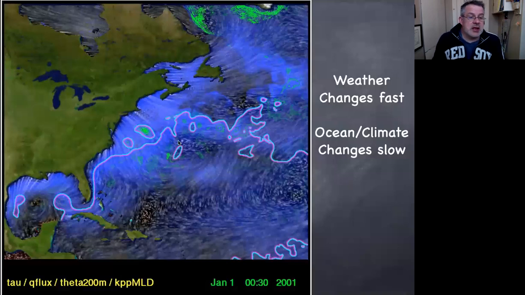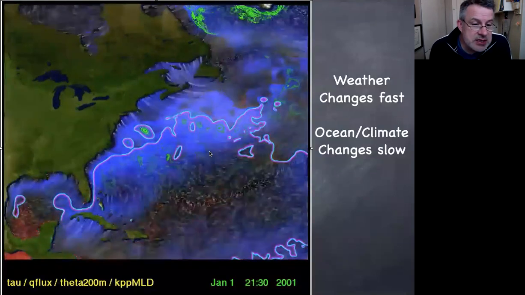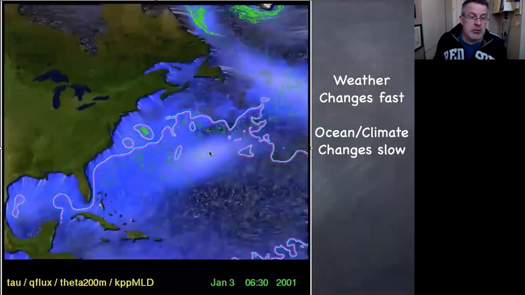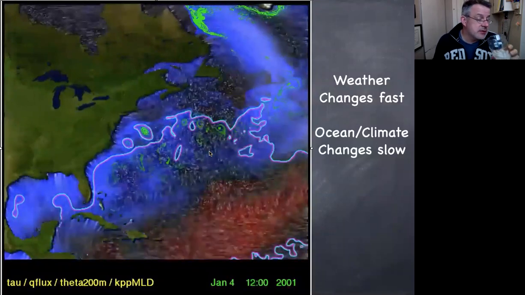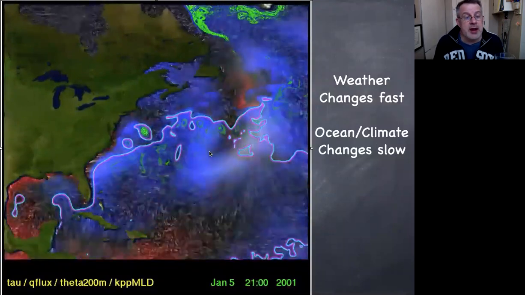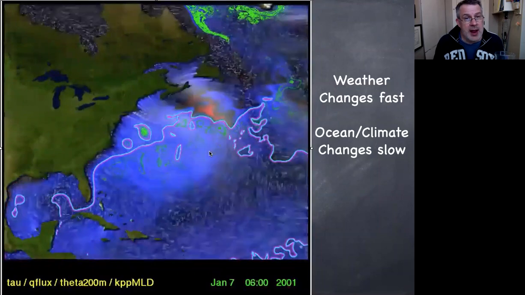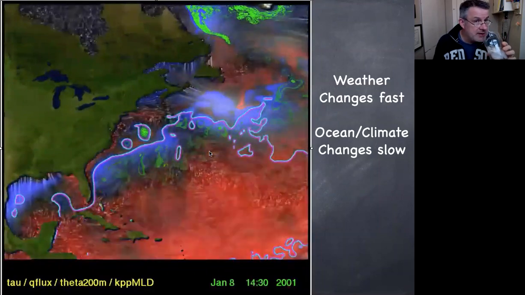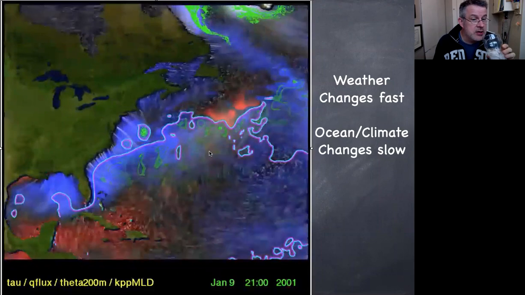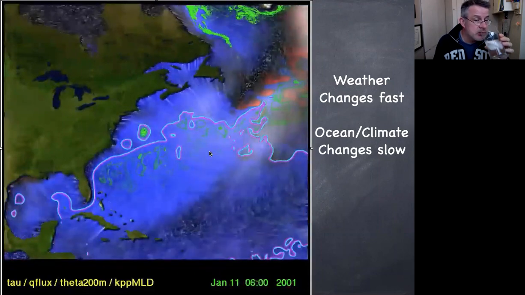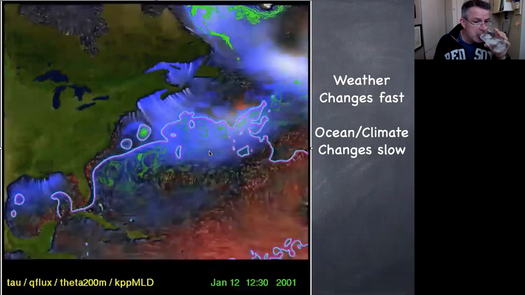And one of the things that's going to be of interest to us is this time scale difference between the time scales of the atmosphere and the time scale of the ocean. This has a lot to do with how rapidly the temperature and then the density responds to the amount of heat being exchanged, or amount of energy being exchanged.